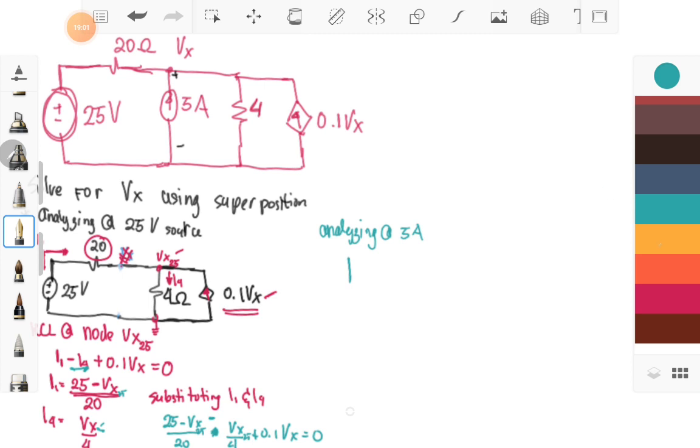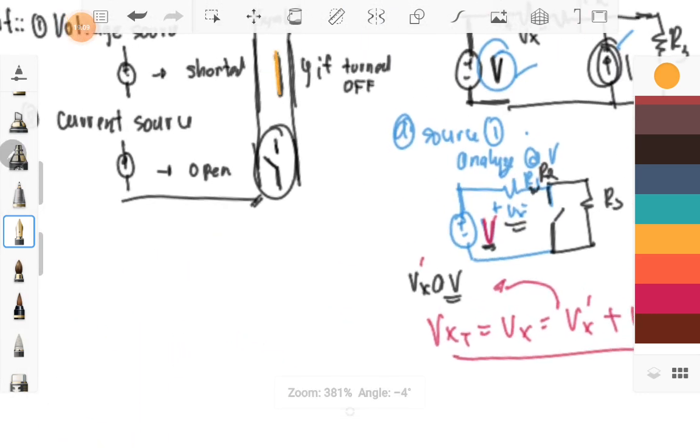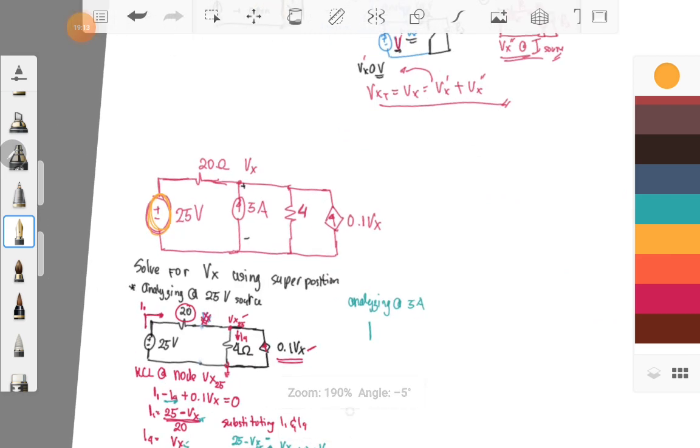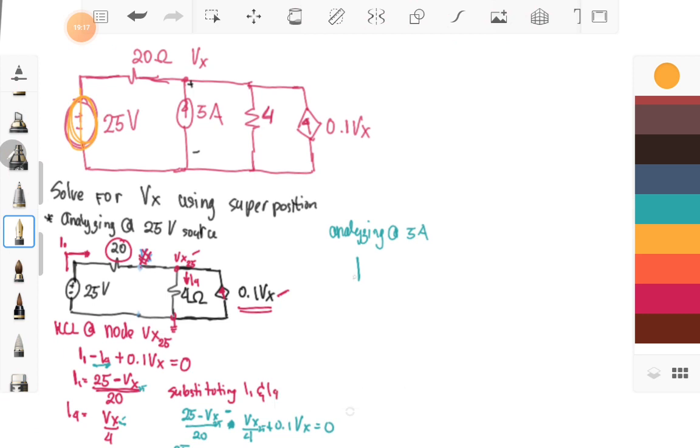So since this is a voltage source, so anong gagawin natin? Magiging short siya, shorted. So straight, naging straight lang siya. So isi-short natin siya. Yan. So we have, wala yan.